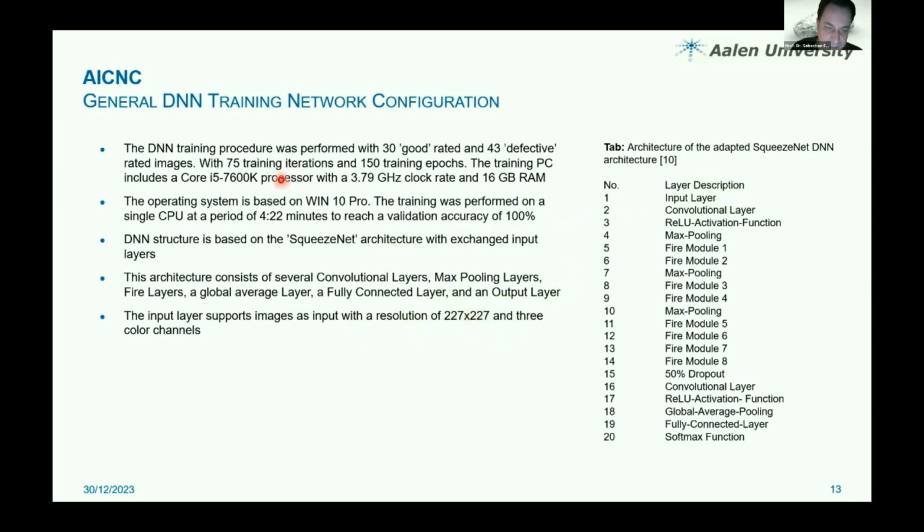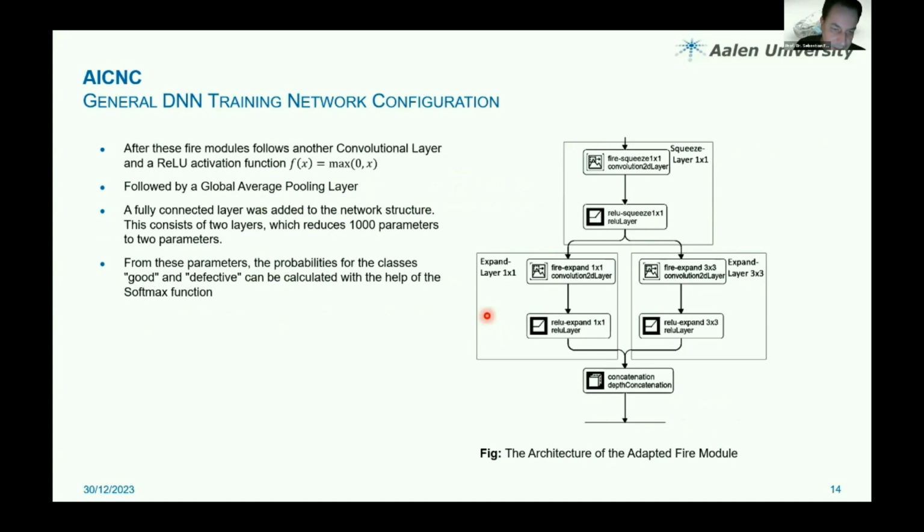We use a pretty simple PC, a Core i5 6000K processor. It's a pretty old one, but it's okay, and it was suitable for our system. Here you see a little bit in detail the network structure.